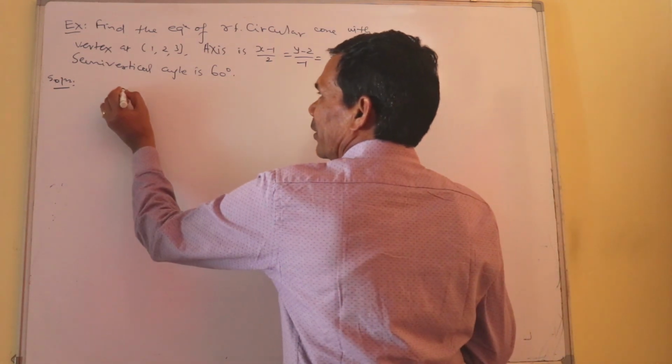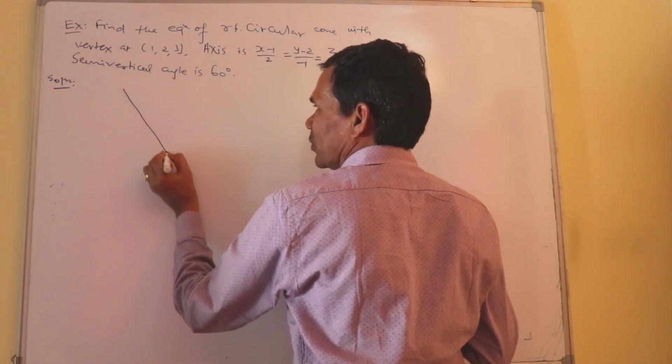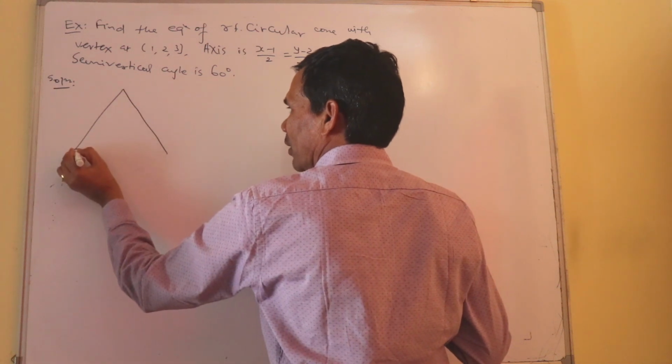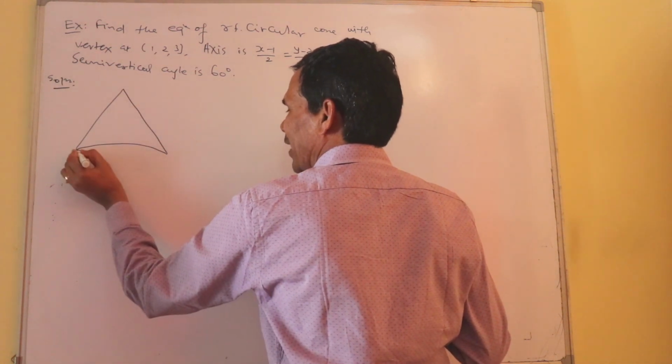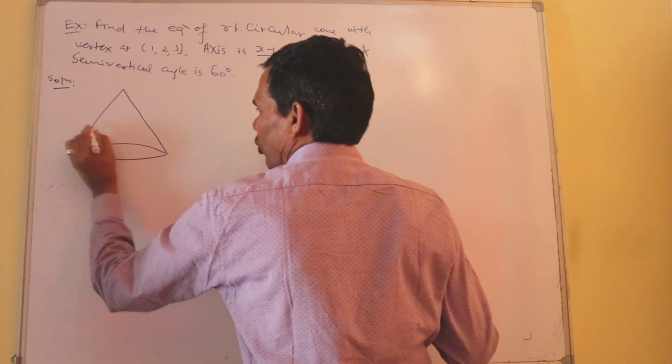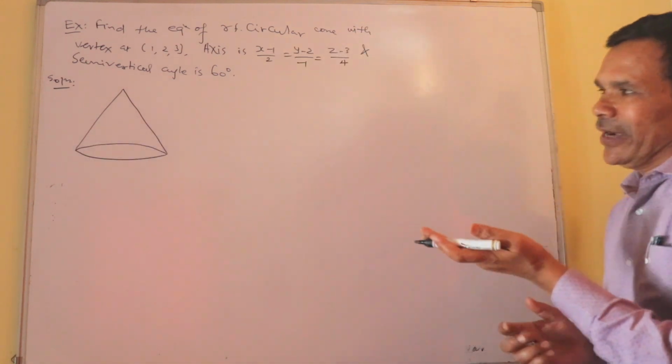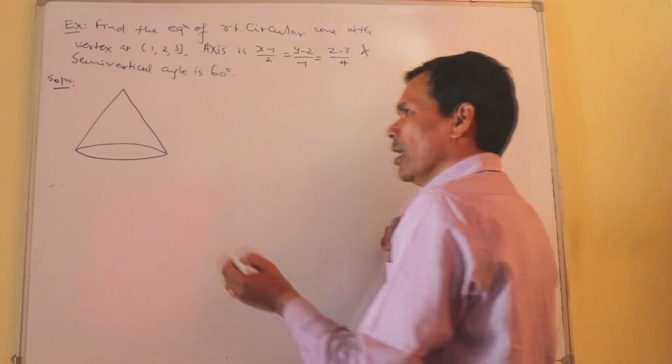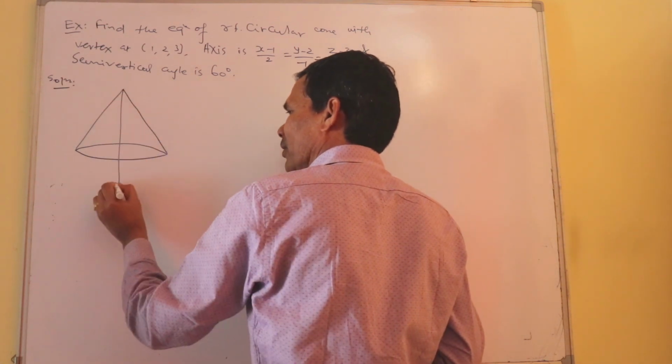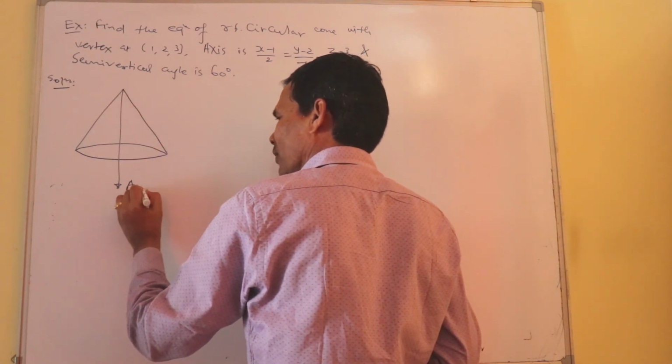Now I draw the figure here. It would be something like this, the figure with the cone. It is a right circular cone. If you take a section of this right circular cone perpendicular to the axis, you get a circle, something like this. So this is the axis.